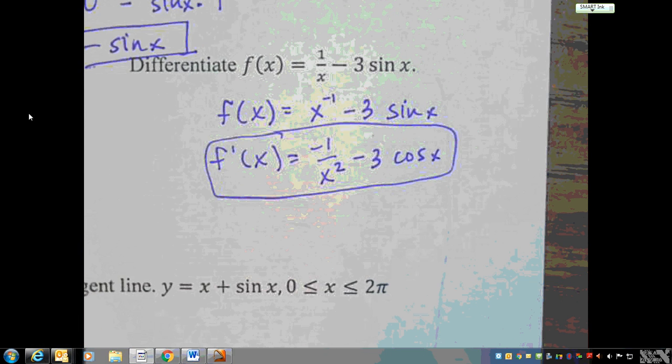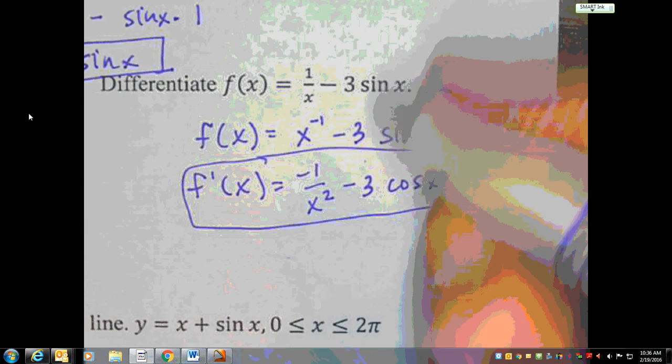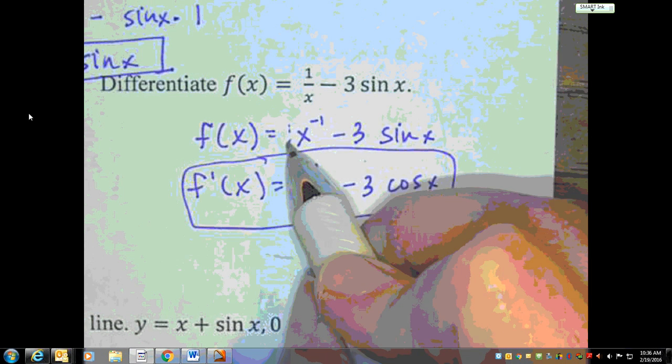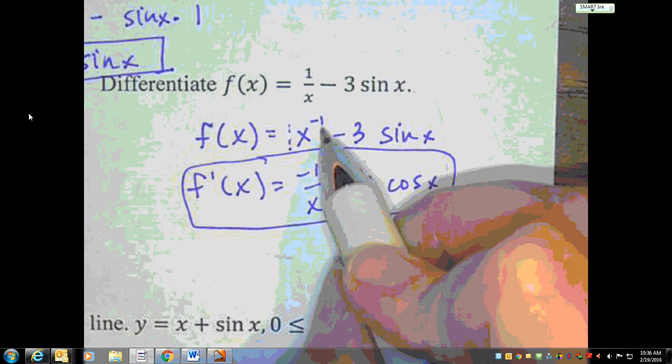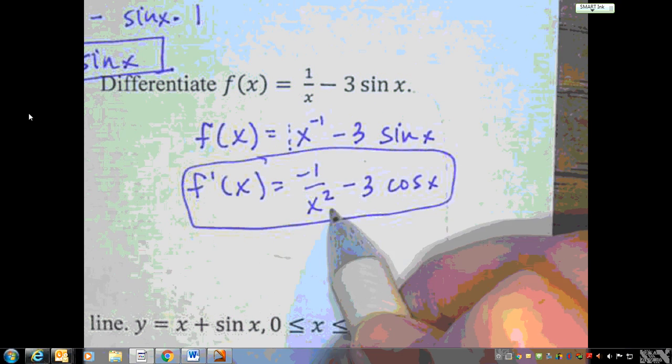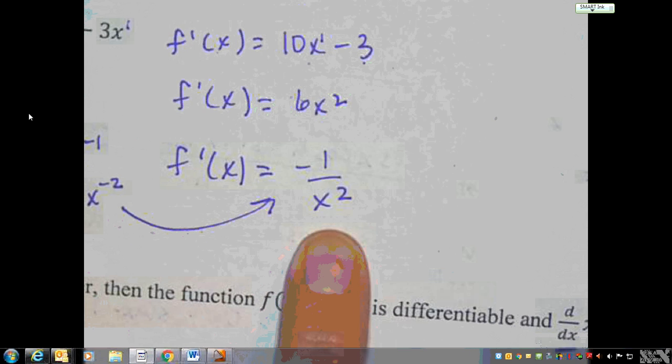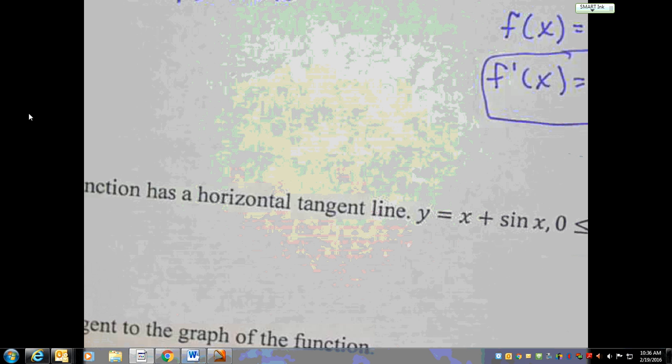Because when you take negative 1 times 1, you have a negative 1. And then when you subtract an exponent, you're going to get negative 2, which sticks on the bottom. It was negative on the front. It's negative on the front.